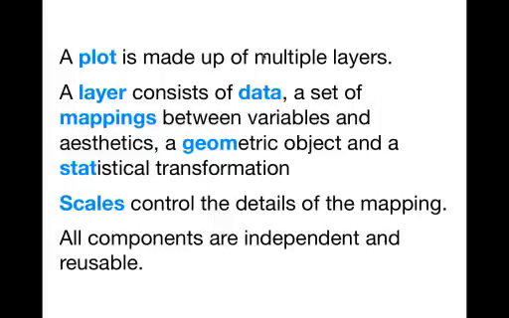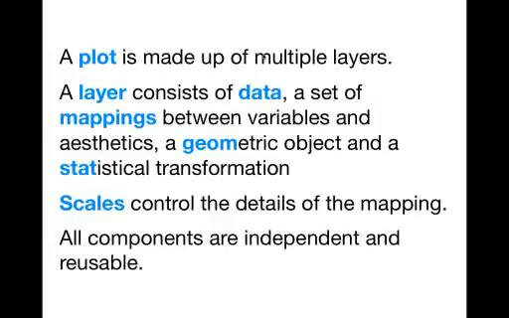And by making this independent, these scale components are independent of the layers, it makes it much easier to control the plot and create the graphic that we want. So another really important principle of ggplot2 is all the components are independent and reusable, so you can reuse scales across multiple plots. It's fairly easy to write functions that create new graphics and so on. So ggplot2 really strives to be a well-behaved member of the R ecosystem.